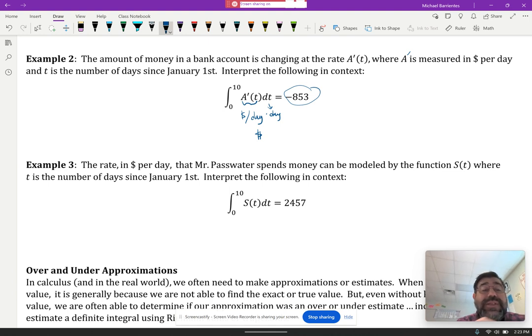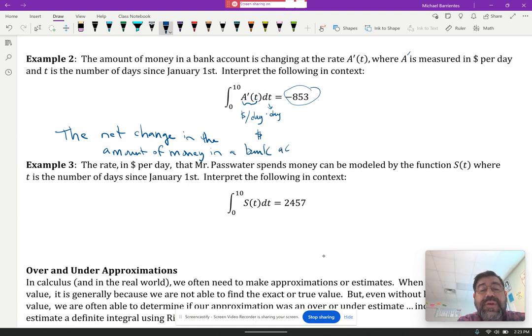So therefore, what we just found is the net change in the amount of money in a bank account. And here you have a choice.